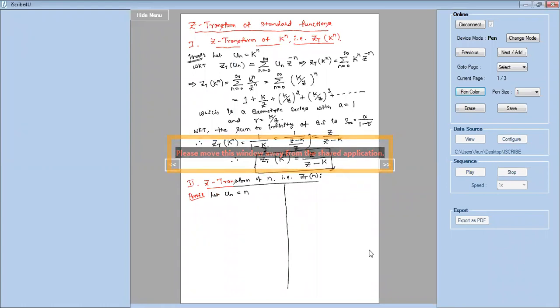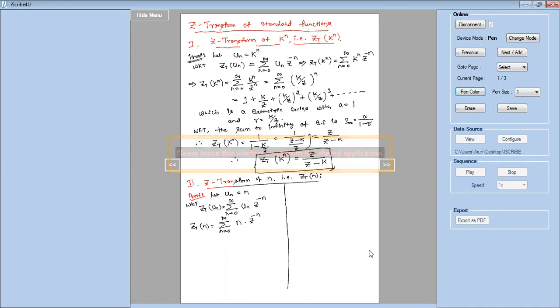Un equals n, and we know that the z transform of u_n, the formula is sigma n equals 0 to infinity u_n z power minus n, and since u_n is n here, let us substitute in this. So you get z transform of n equals sigma n equals 0 to infinity n z power minus n, right? n into z power minus n.